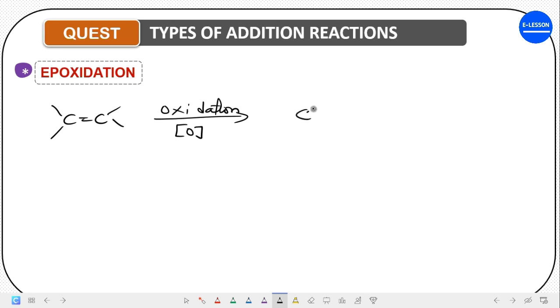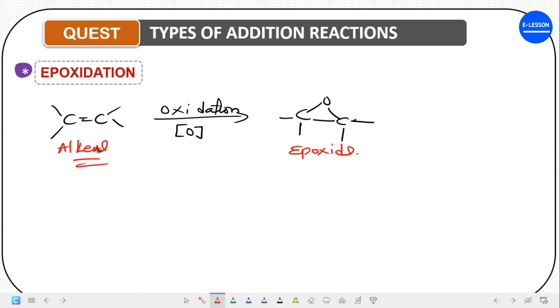An epoxide is a cyclic oxygen structure, something like this. Okay, then we'll have bonds like this. Okay, this is what is called an epoxide. This is what? An alkene. So when you see that the reaction is epoxidation, this is what is going to be given to us.